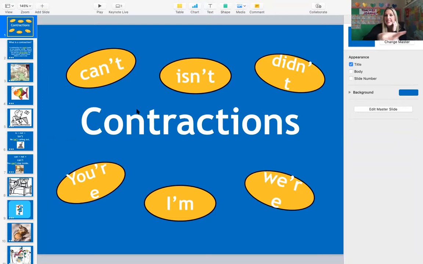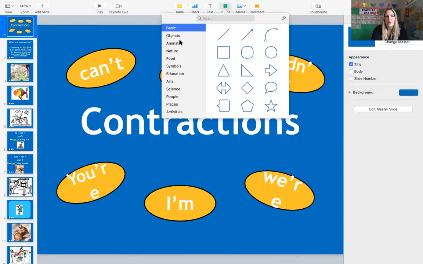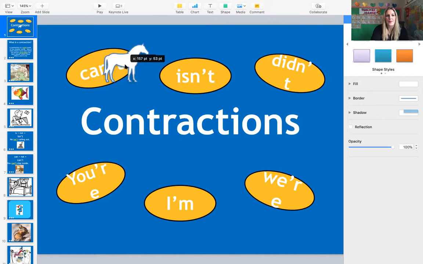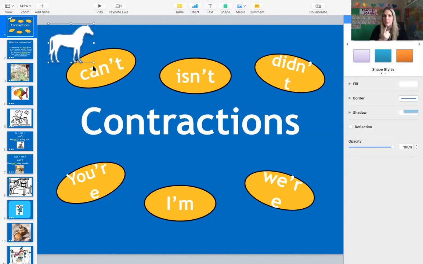Contractions. So you can see in the yellow circles, there are some contractions that we're going to talk about. So let's read them together right now. I'm also going to do this so that you can follow along with me. When I put the horse over the word, you're going to read. Ready?